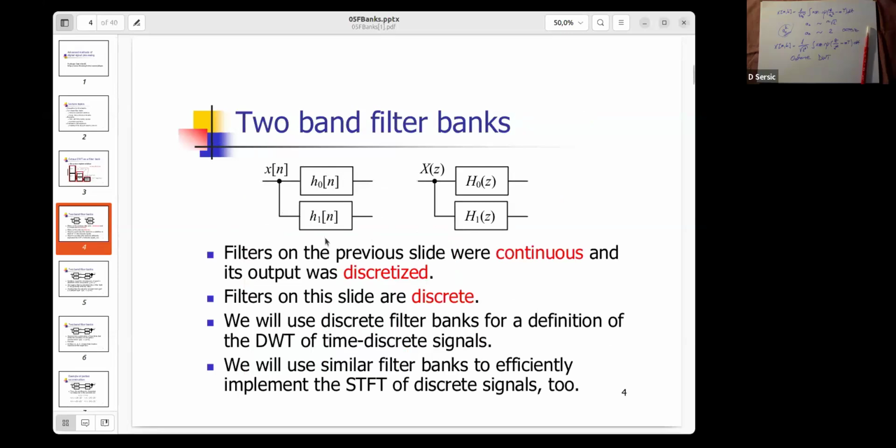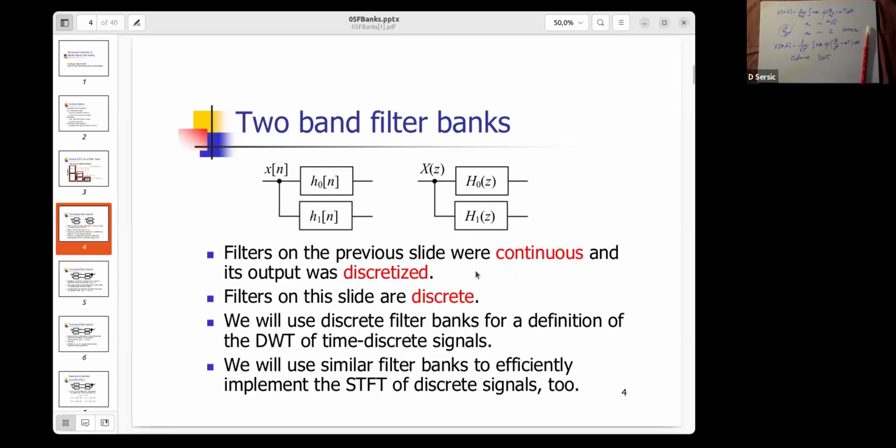Okay, on the left-hand side, you can see how it looks in the time domain. So the filters are determined by their impulse response, or they can be described by their Z transform, like a transfer function. If Z is equal to e to the power of j omega, we are talking about frequency response.